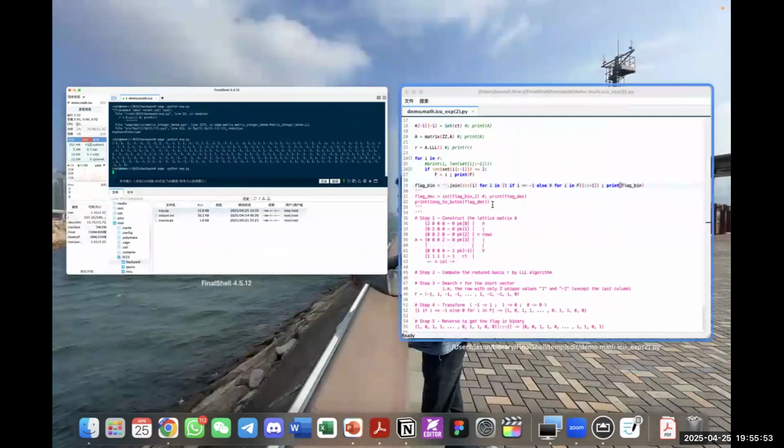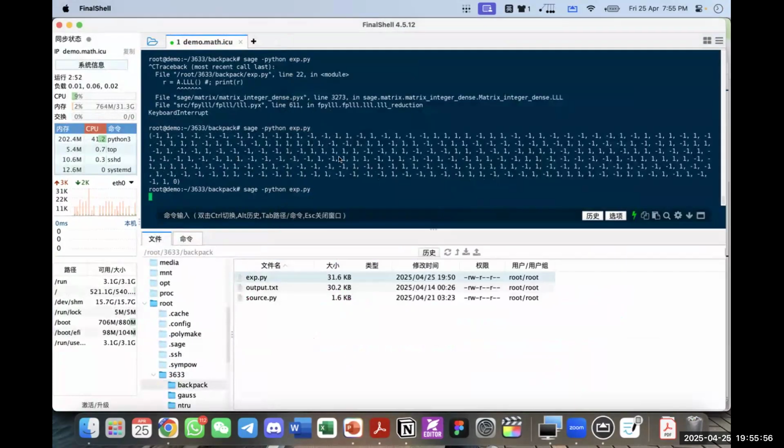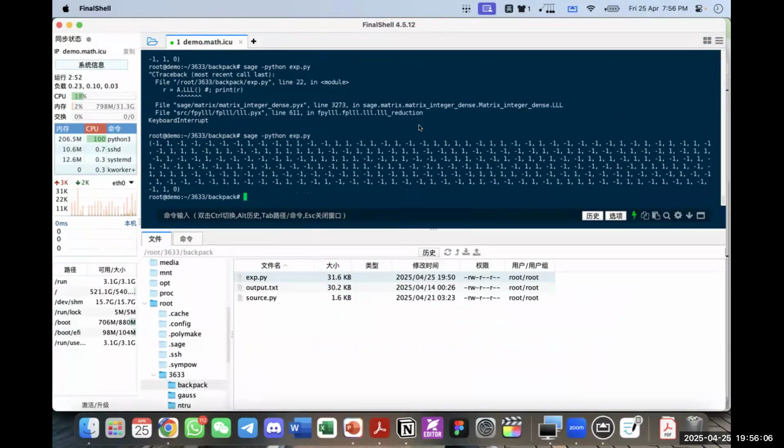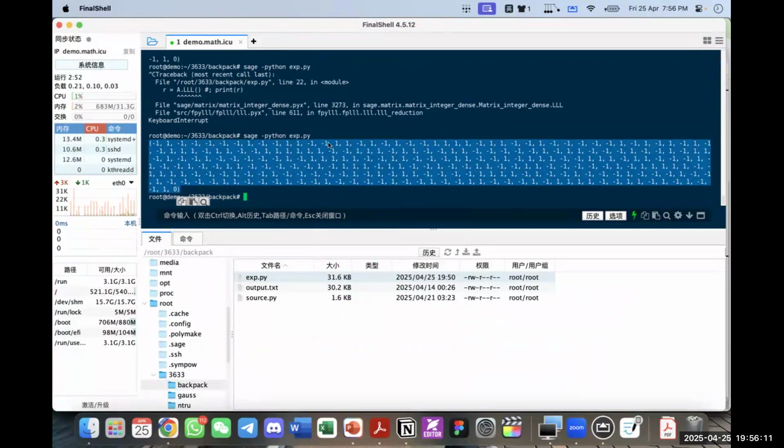Did I save it? I think I didn't save. Okay, so this is the binary flag. Why doesn't it work?